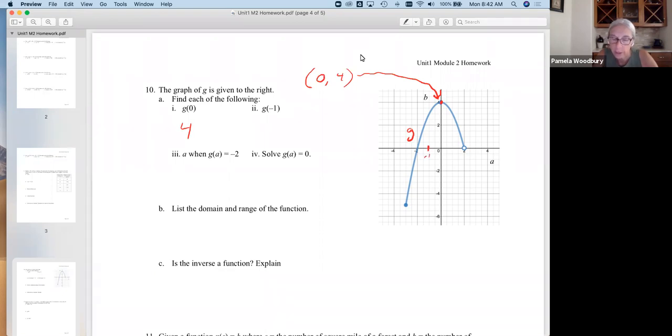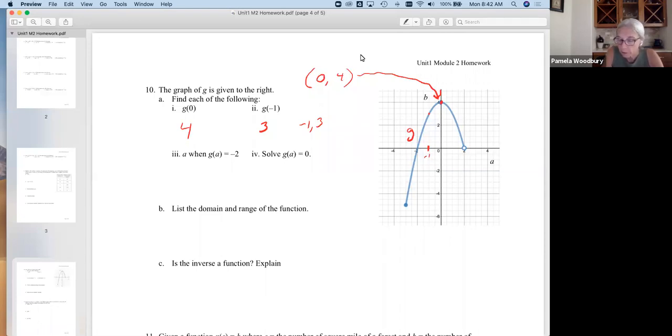And g at -1 falls on the graph at (-1, 3). And so my output is 3 when my input is -1.